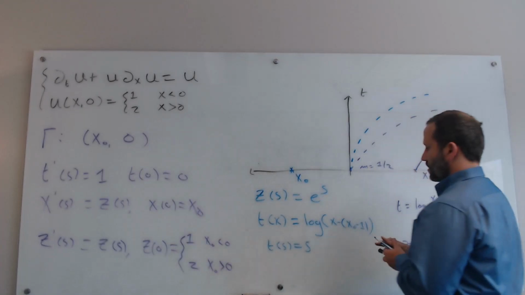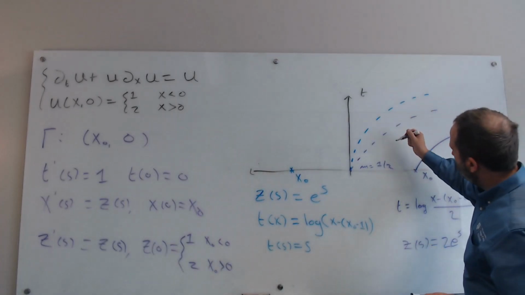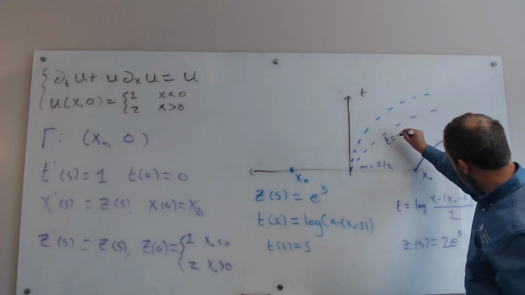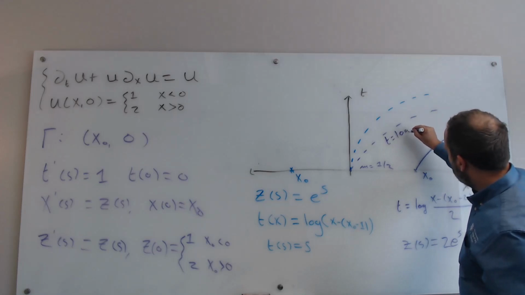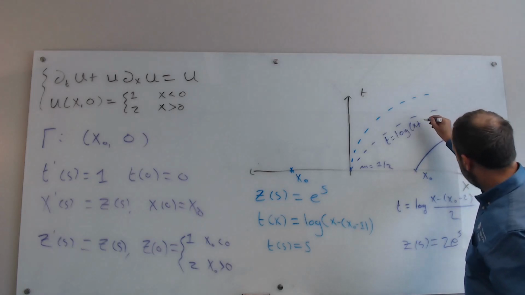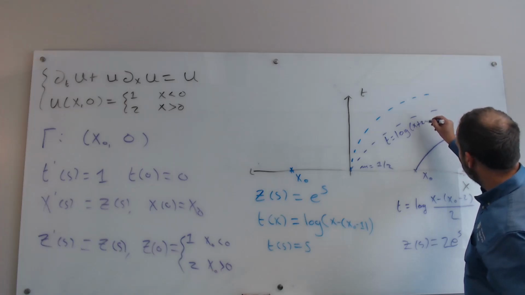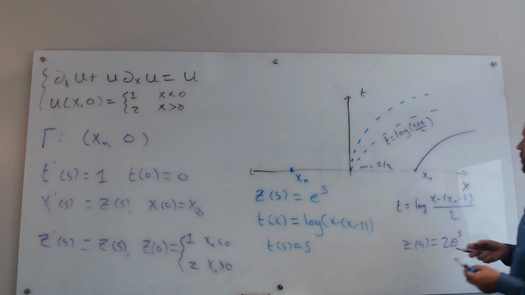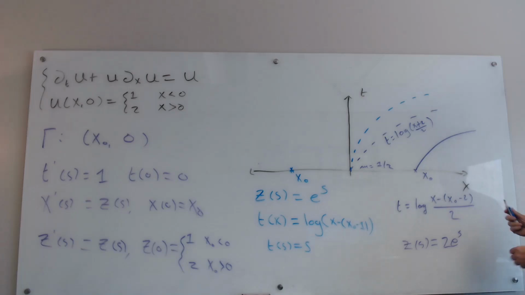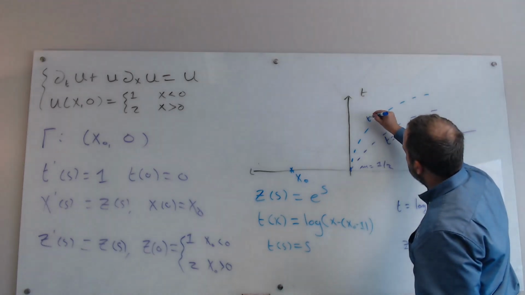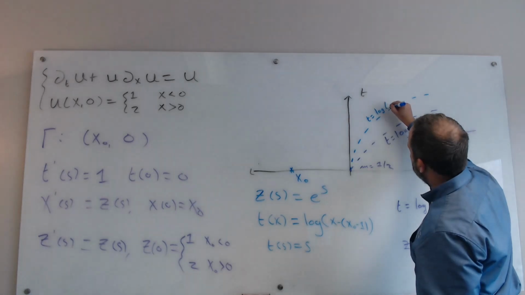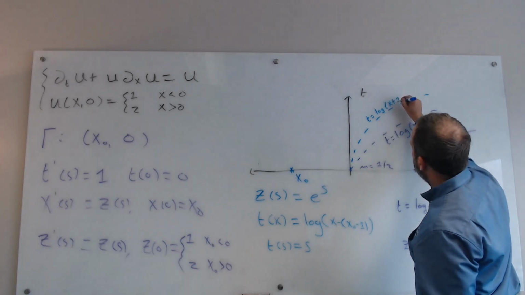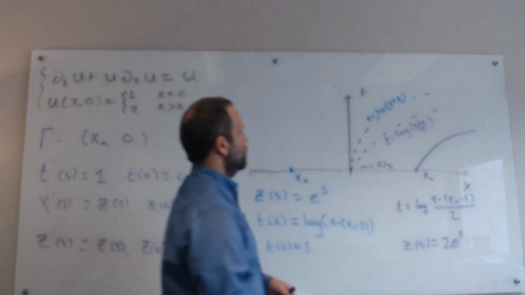So we're going to have this. And let me just remind you, this curve, this purple dashed line is t equals log of x plus 2 over 2, and this is t is equal to log of x plus 1.